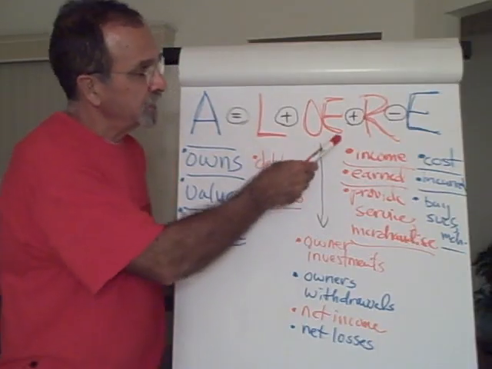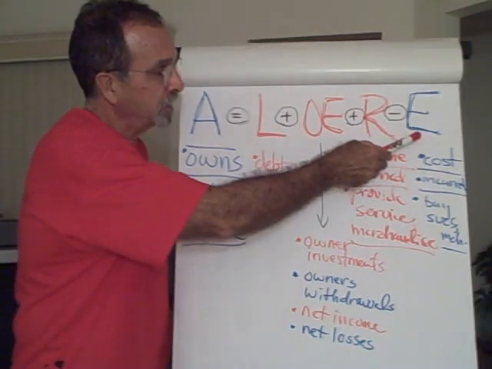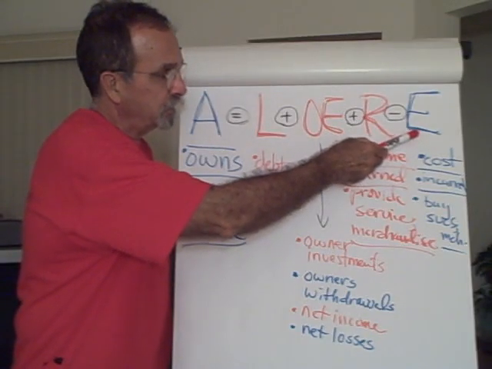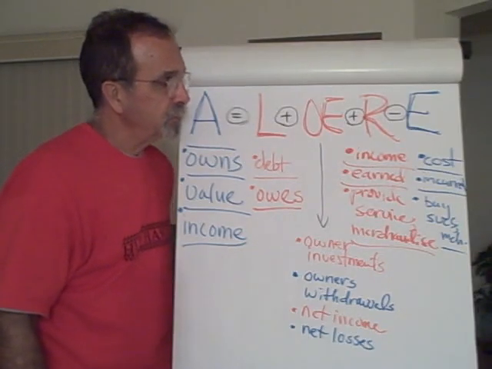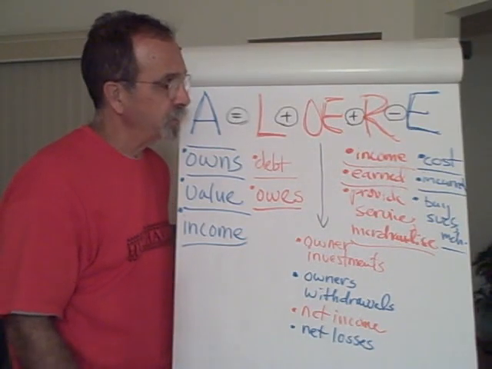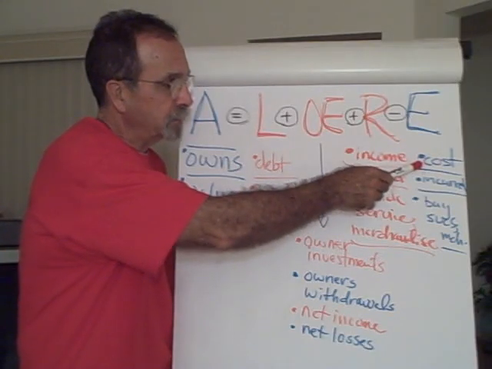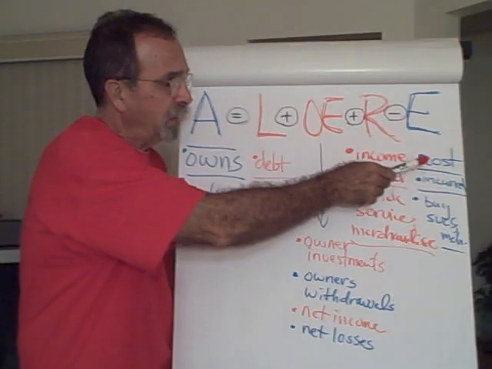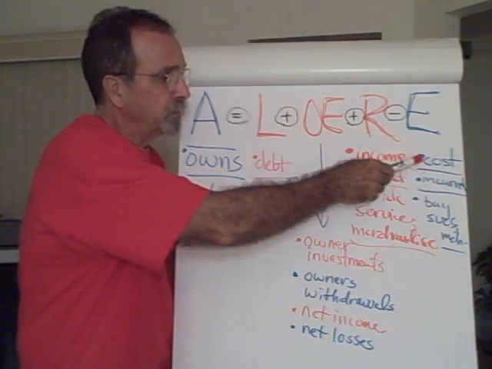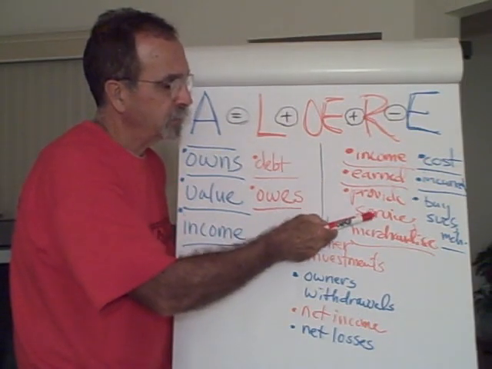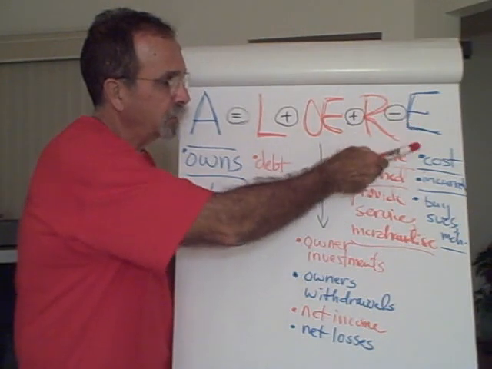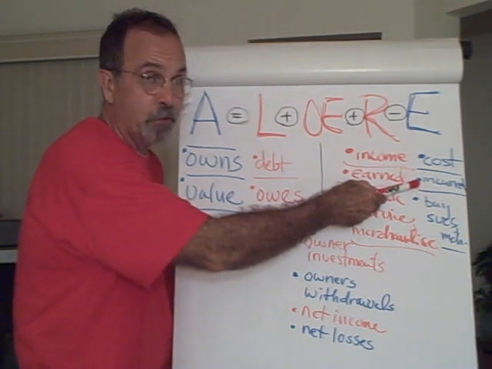And very closely related to revenues are our expenses. A more often used and probably more familiar term for expenses is cost. Just as our revenues are earned by providing services and merchandise, our costs or expenses are incurred.